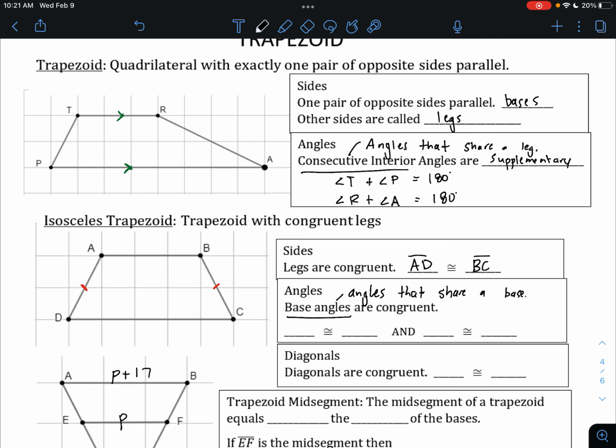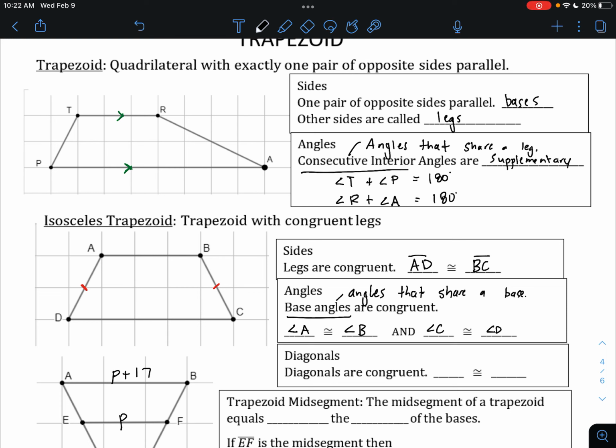So the bases are AB and DC. A and B share a base, AB, so that means angle A is congruent to angle B. And D and C are congruent because they share DC.